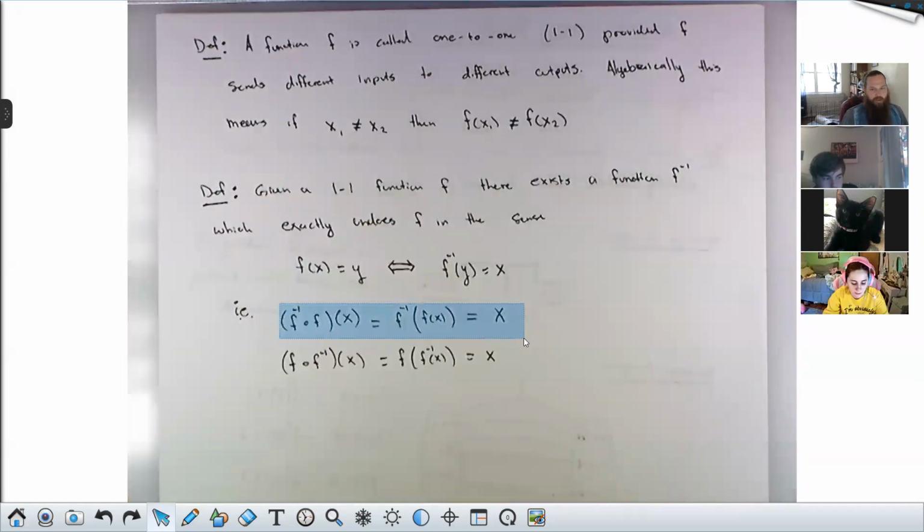In the first line, x is an element of the domain of the original. In the second line, x is an element of the range of the original. But the thing to keep in mind is that f and f inverse should exactly undo one another. So if you do both of them to something, you get the thing you started with back. This is the standard definition. And it's equivalent to this, which is what your textbook writes.